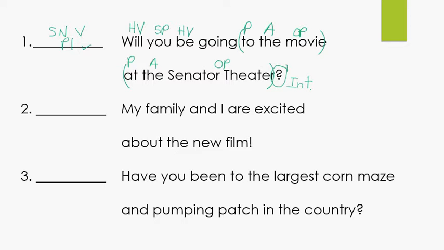All right, now we're going to go to the verb. Go to the verb, and we're going to divide the complete subject from the complete predicate. But look, we have a verb phrase, will be going. What are we going to do? This is kind of a new thing for us. Usually we draw our line right in front of the verb, but now our verb is a verb phrase, a group of words.